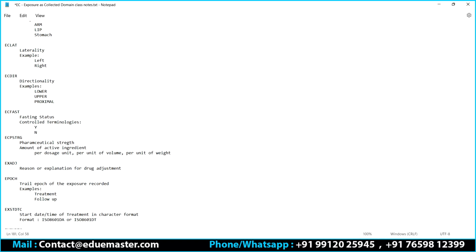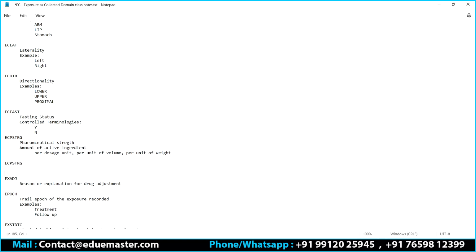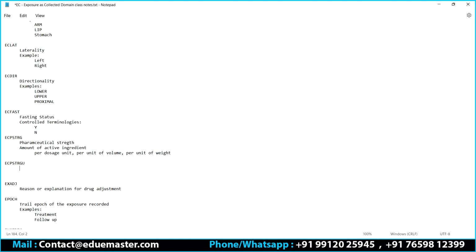So now, when I say it is an active ingredient unit, how are you measuring it? Is it mg per tablet, or mg per ml, or mg per kg? How are you mentioning it? There should be a unit for that, and that unit is nothing but your ECPSTRGU. U stands for unit. That is your pharmaceutical strength unit.